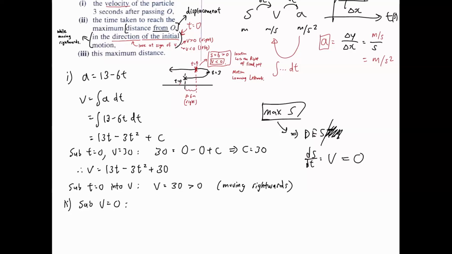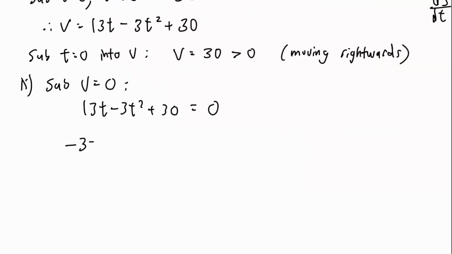Therefore we get 13t minus 3t squared plus 30 equals 0. Let's rearrange it nicely, and from there let's use the calculator to solve.